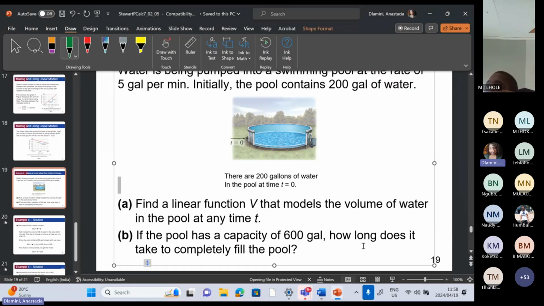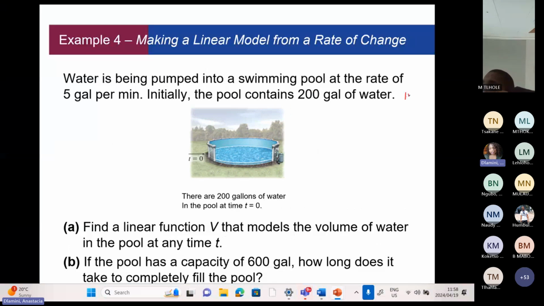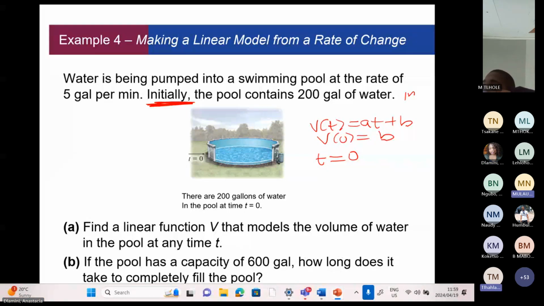Even if I put a statement of saying 300 gallons, the question says initially, meaning that at t equals 0, and we know that when we have v of t equals at plus b, t at 0 is the y-intercept. Therefore, our b is equal to 200.